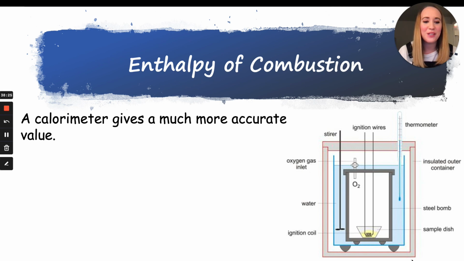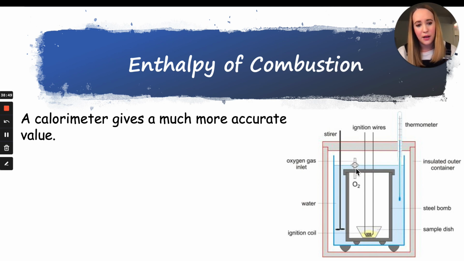You've got a box that your experiment's taking place inside, and then there's a beaker inside there, a container with water, and then there's another box inside that, which is where the fuel is actually being burned. So right in the centre here we've got our fuel, and there's little wires to ignite the fuel.